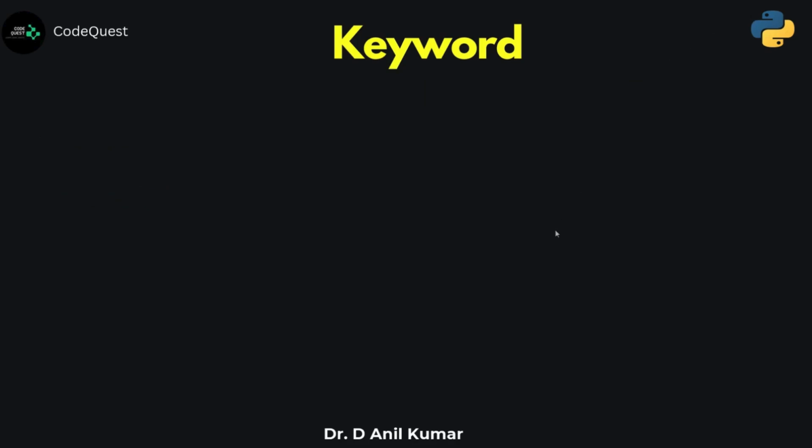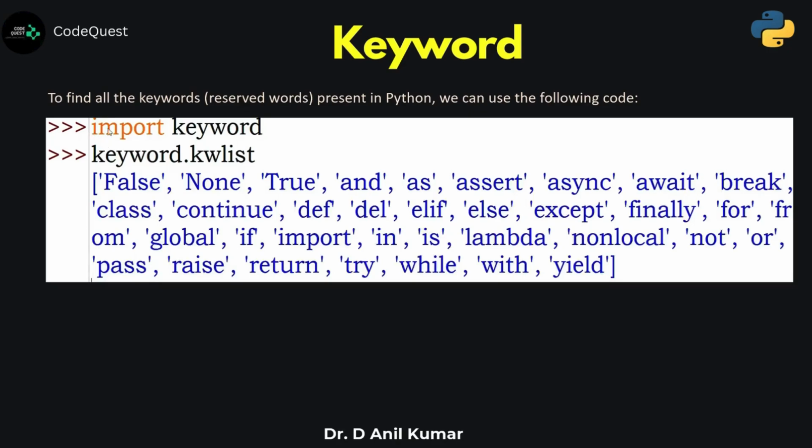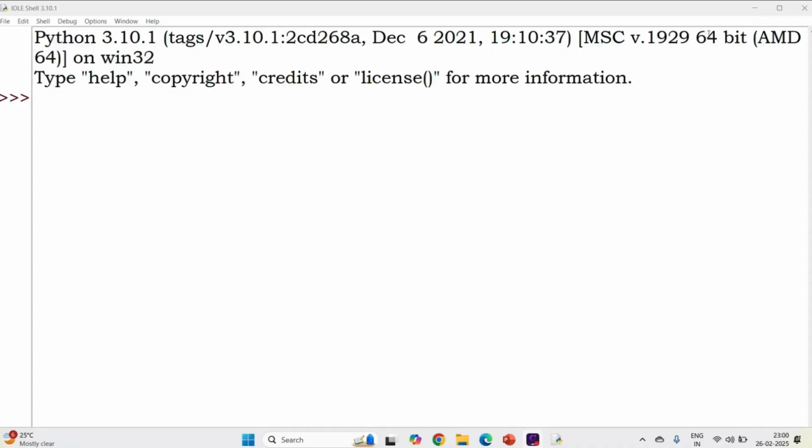Now, how can I find the list of keywords that are available within Python? For this, I should import a module which is called keyword. In this module, there is a predefined variable called kwlist, which will list out all the keywords that are present in Python.